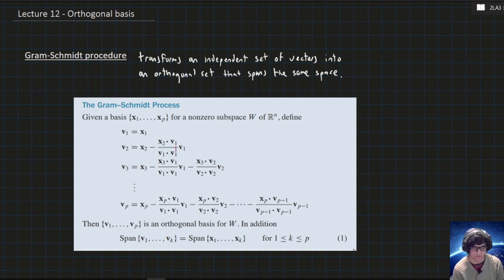And you do that by taking x3 and subtracting off the projection of x3 onto the first vector and subtracting off the projection of x3 onto the second vector. So just keep on doing this, and in the end you'll have v1 through vp that span the same space as the original vectors.